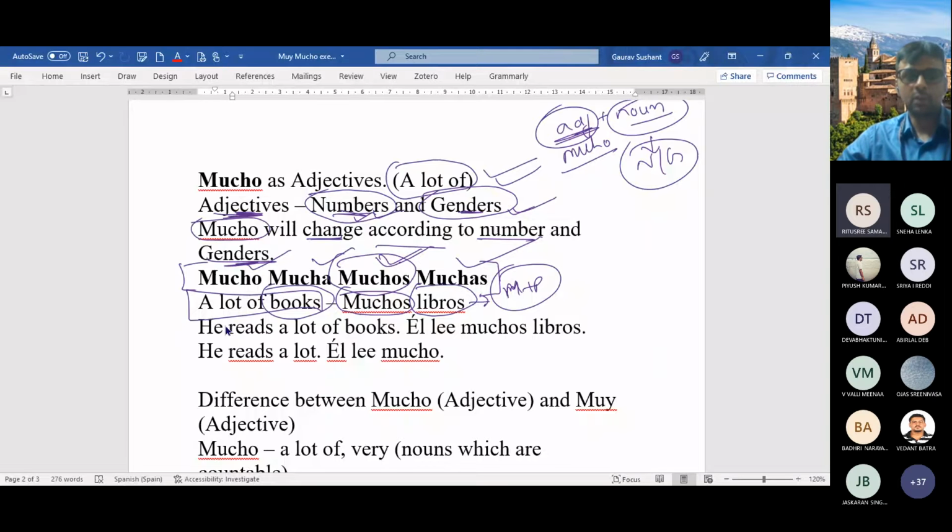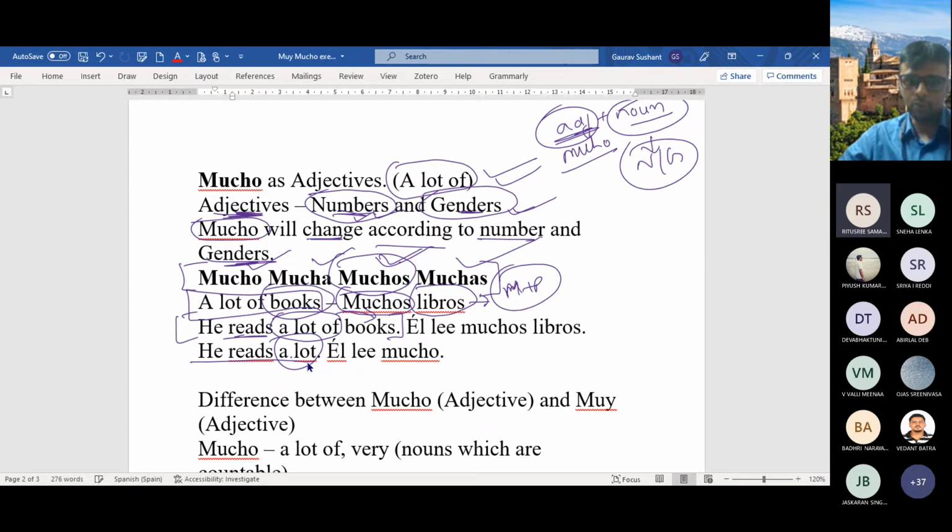Similarly here also, he reads a lot of books. If you see, a lot of is used, which is referring to the books again. This a lot of is not referring to reads, so you cannot simply say he reads a lot of. You can say he reads a lot, but then it is different.